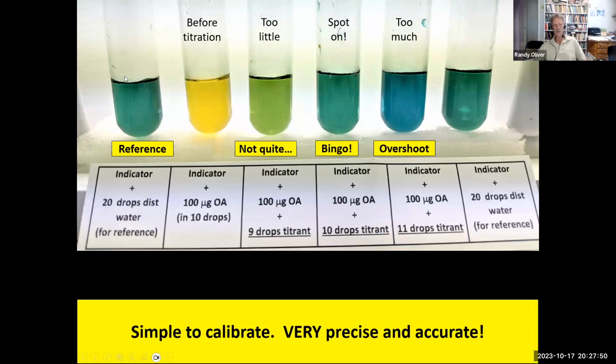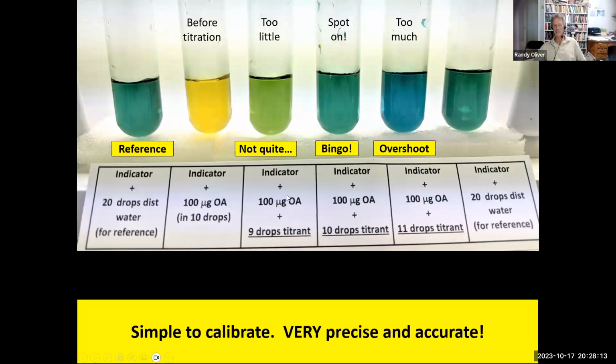So here's 2 reference tubes. Then I put in a precisely measured amount of 100 micrograms of oxalic acid in here. And that would be the optimal theoretical dose per bee by the EPA approved treatments, 100 micrograms. In reality, very few bees ever show 100 micrograms on their bodies.